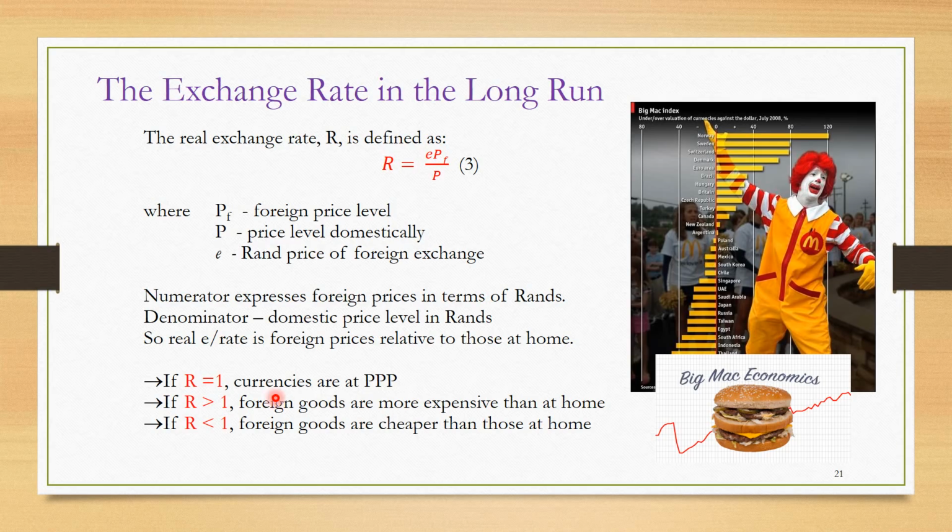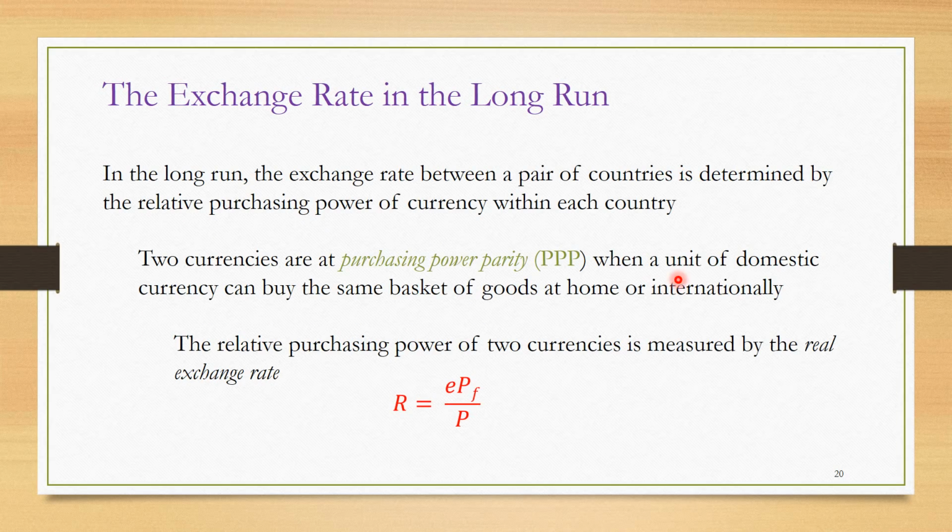Whereas if R is equal to 1, currencies are at purchasing power parity. And remember what that means: a unit of domestic currency can buy the same basket of goods at home or internationally.